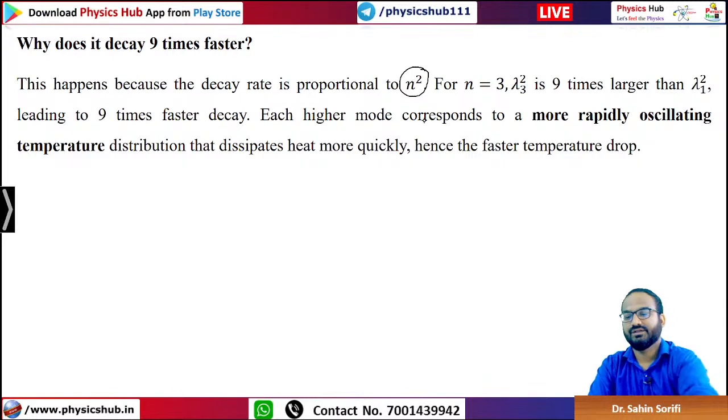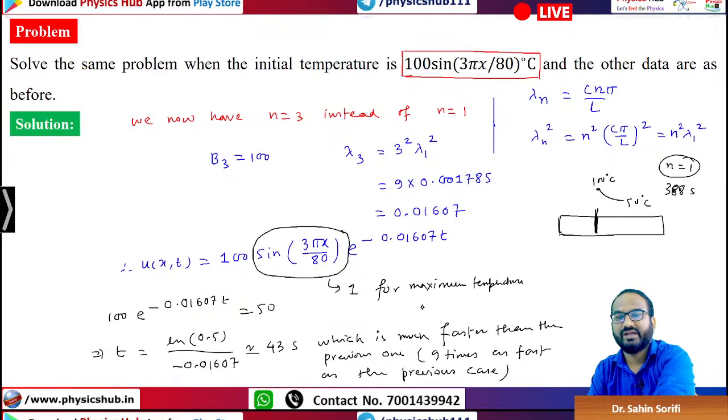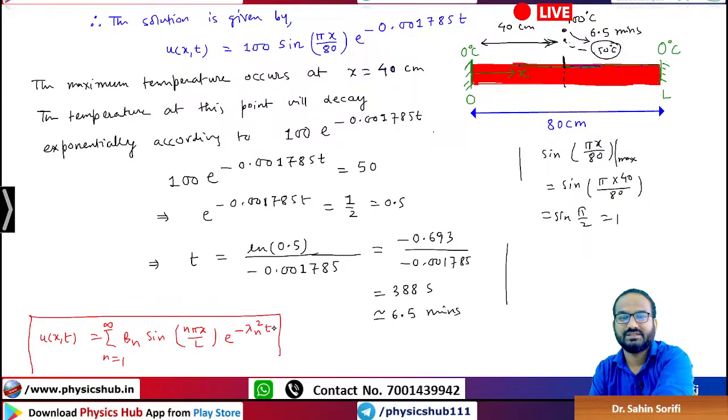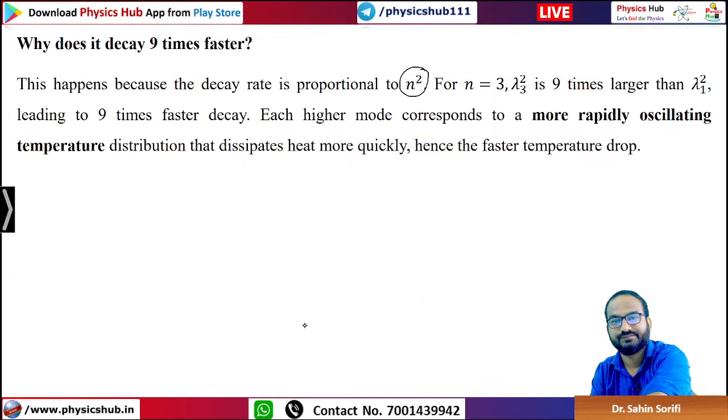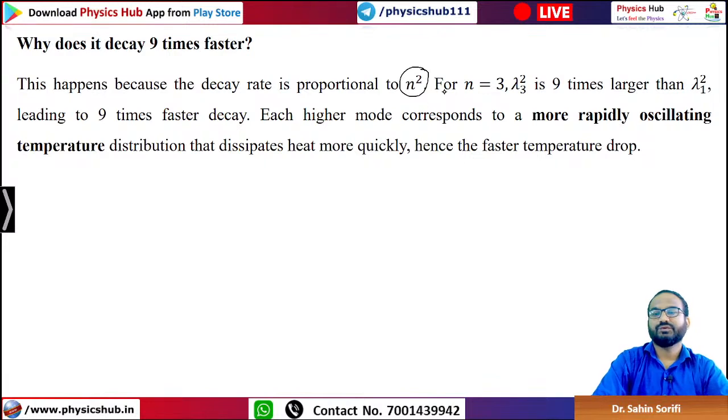The decay rate is primarily governed by this term, which has the dependence of minus lambda square. Lambda square is proportional to n square, so the decay rate is proportional to n square.